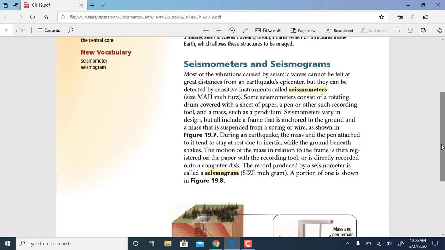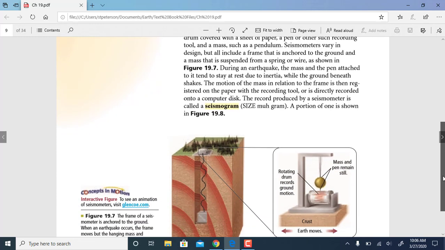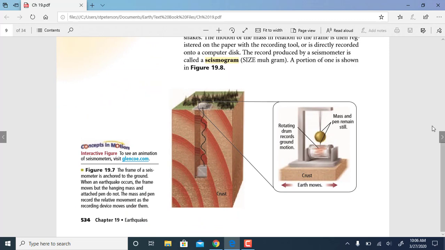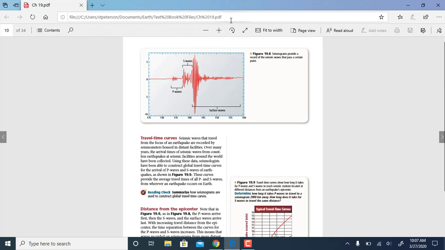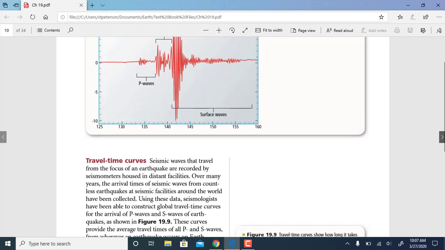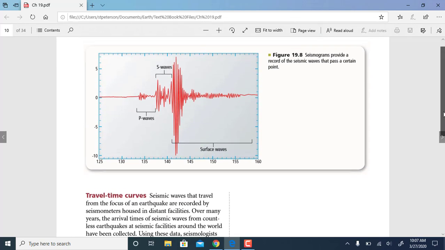The record produced by a seismometer is called a seismogram. A portion of one is shown in figure 19.8. So that's the seismogram at the top there.